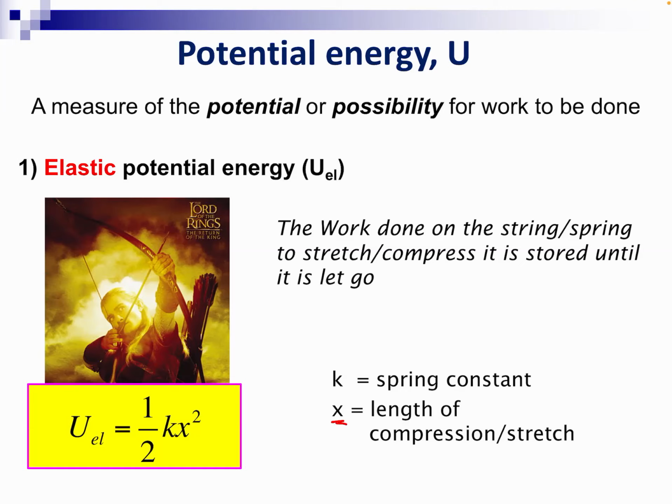X in the equation for elastic potential energy is the length of compression or stretch, and k is some constant called the spring constant. The spring constant is a property of the spring or the elastic band, which describes how stiff the spring is. So the stiffer the spring is, the bigger the spring constant is.